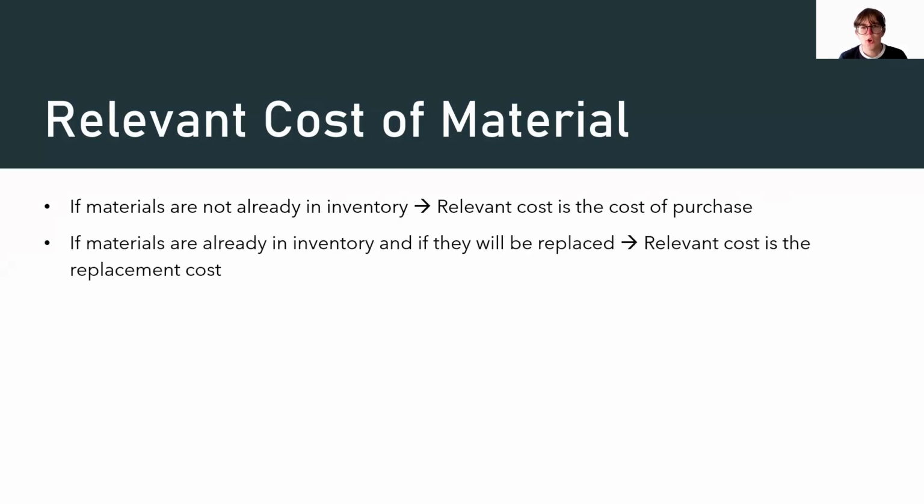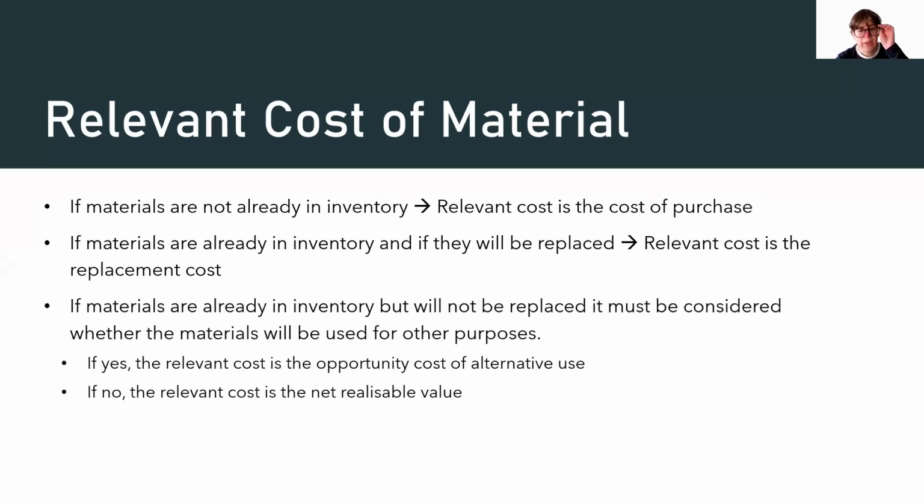If material is already in our inventory and they need to be replaced, the relevant cost is going to be the replacement cost. If materials are already in inventory but are not going to be replaced, it must be considered whether the materials are going to be used for other purposes.